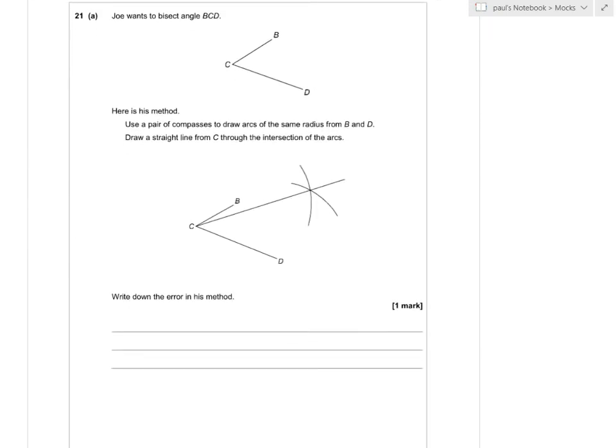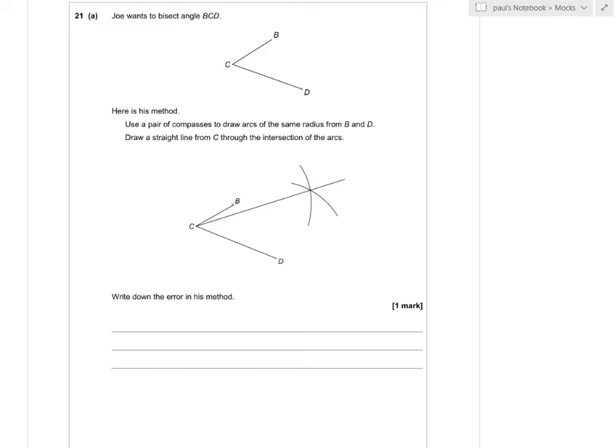So number 21. Joe wants to bisect angle BCD. Use a pair of compasses to draw arcs of the radius from B to D, and draw a straight line through the intersection. Write down the error in the method.